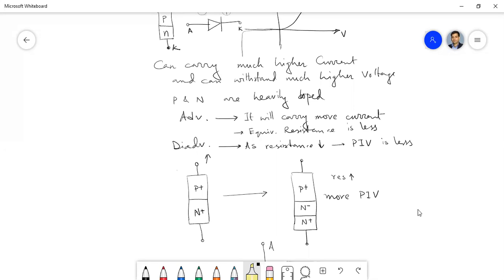So that is the difference. Normally we take 10 to the power 16. Now plus means 10 to the power 19 and minus means 10 to the power 14.